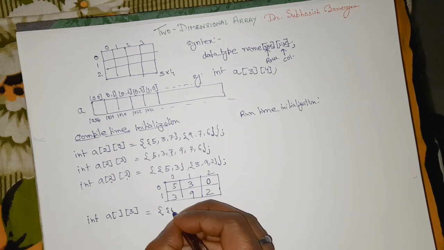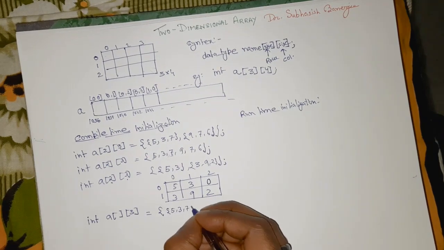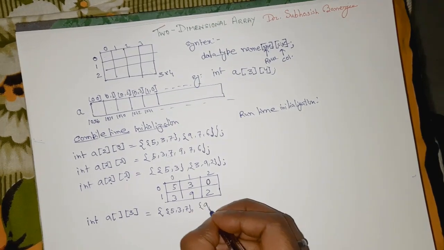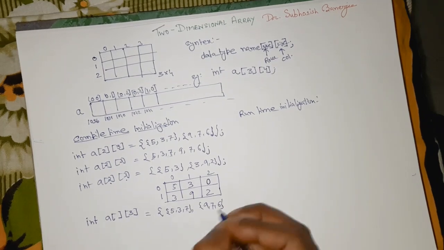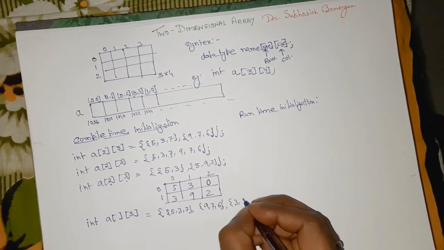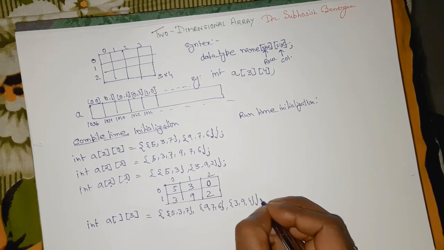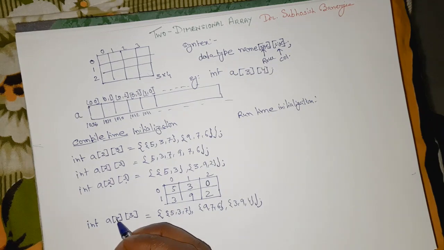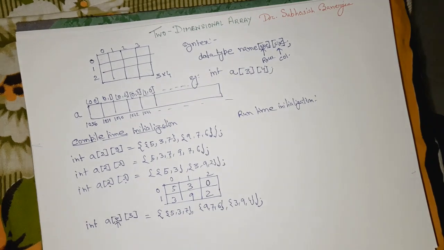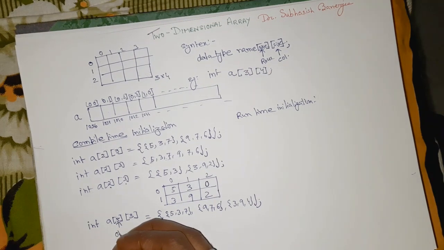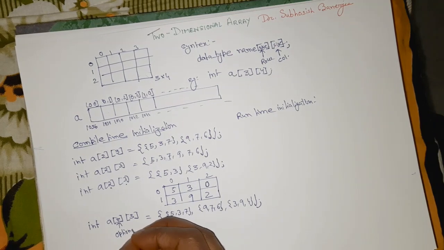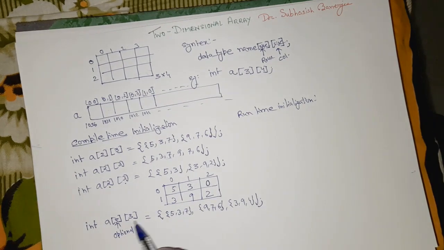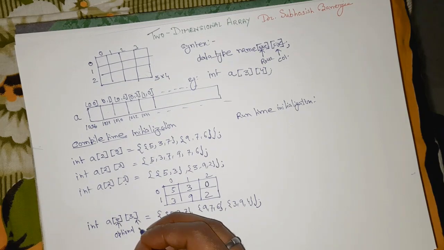Like if you specify 5, 3, 7 in the first row, 9, 7, 6 in the second row, and 3, 9, 4 in the third row, the computer will understand that there are 3 rows. Is it fine? So declaring the size of the row is optional, whereas the column size is mandatory.